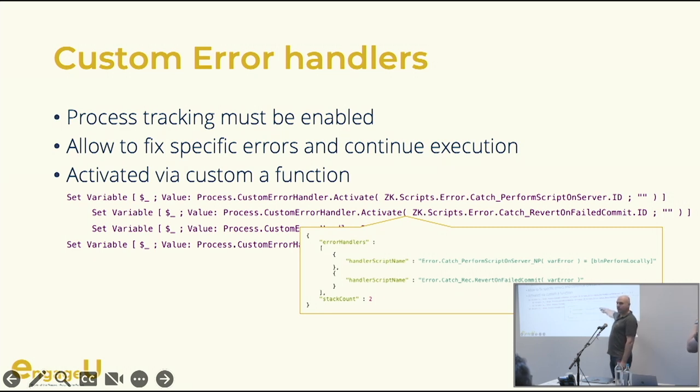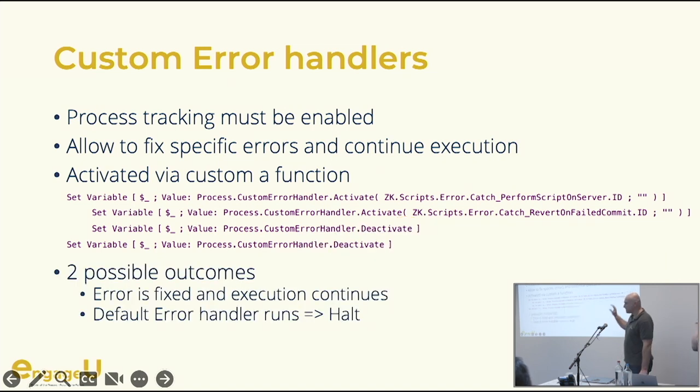If the error has not been cleared, we call our default error handler. But still, we have only two possible outcomes. We either can continue after the error check script step, or call script step, or we can halt, nothing more, nothing less.